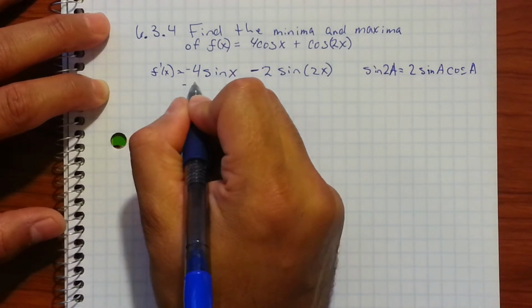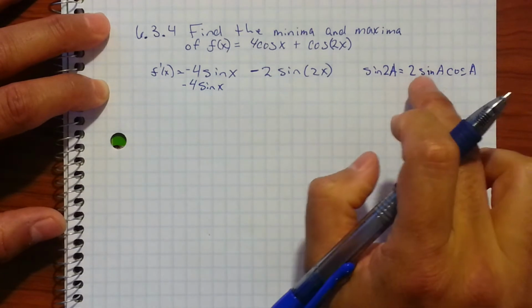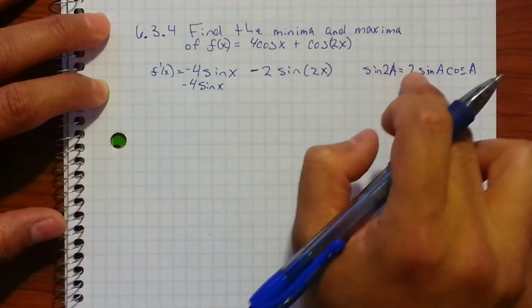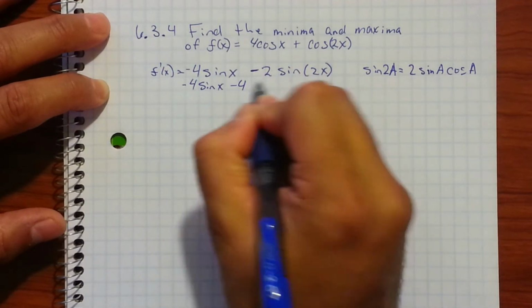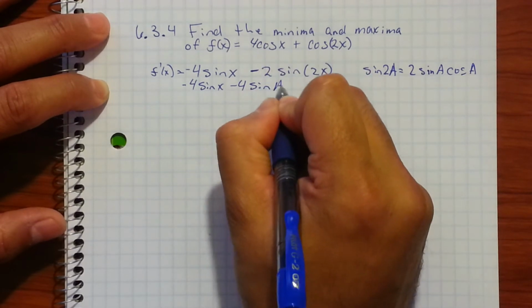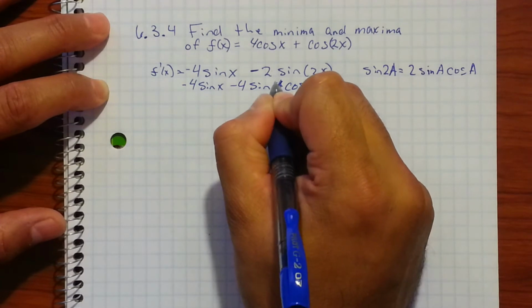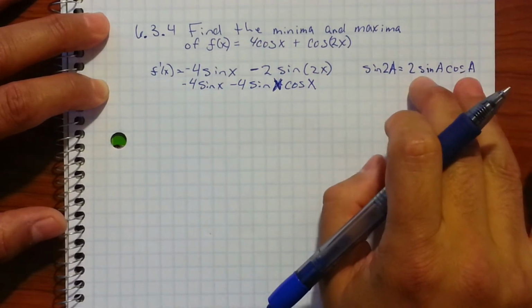So I have negative 4 sine x. Now because this one has a 2 in front of it and I already have a 2 in front of this, it's going to make it a negative 4 sine x. It's not a, it's x's. These were x's right here, sorry. I was copying it down from the identity.